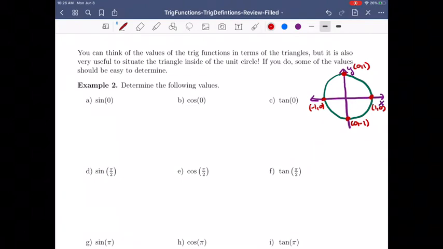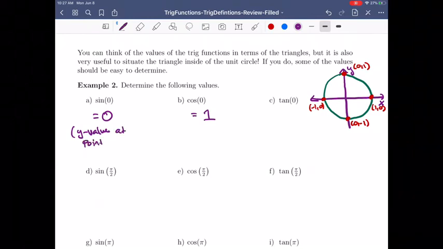Sine of 0, for instance. So 0 has initial side and terminal side equal to this. Remember, the sine is the y-coordinate and the cosine is the x-coordinate. So that means that sine of 0 is 0. Cosine of 0 is 1.